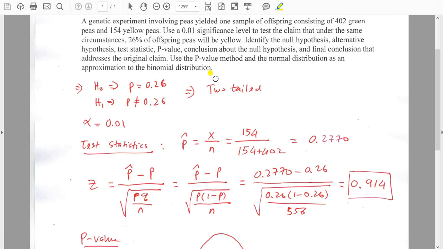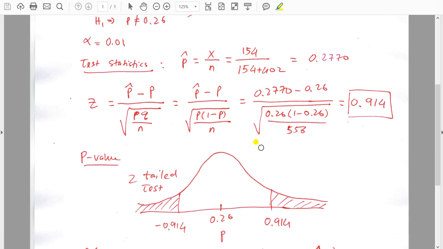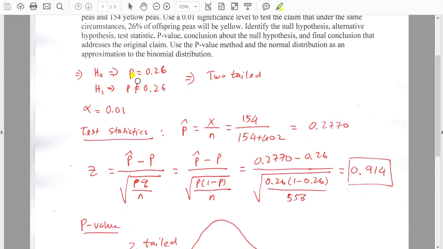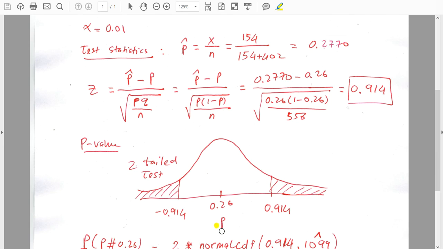So remember, this problem is two-tailed. So if you want to find the p-value, now you have to draw the picture. It's always a good idea to draw the picture so you know what is going on with the problem. So I have the null hypothesis value of 0.26 here.